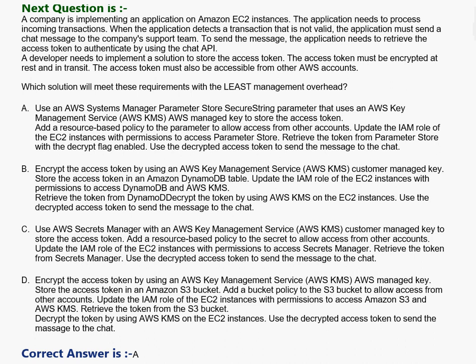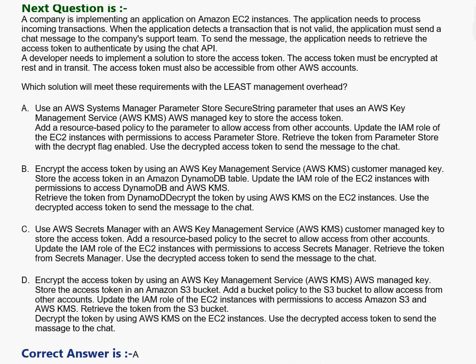To send the message, the application needs to retrieve the access token to authenticate by using the chat API. A developer needs to implement a solution to store the access token.